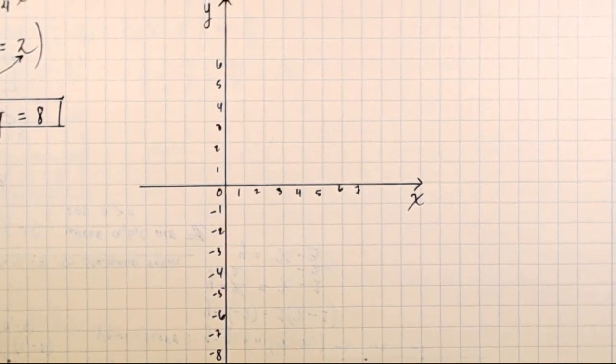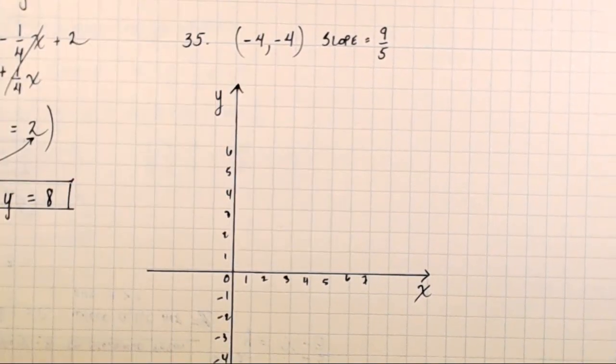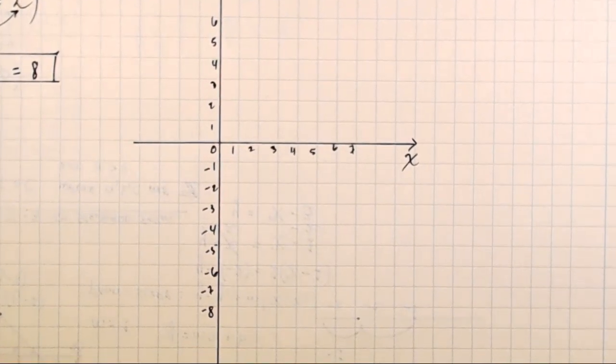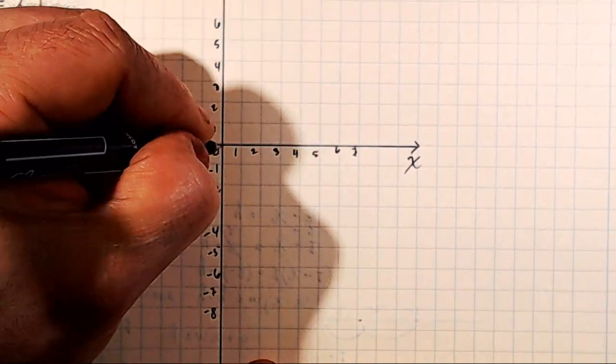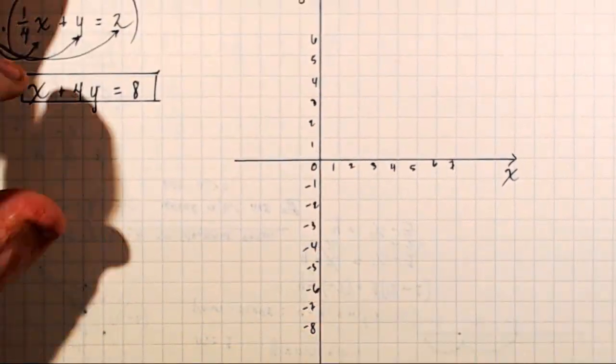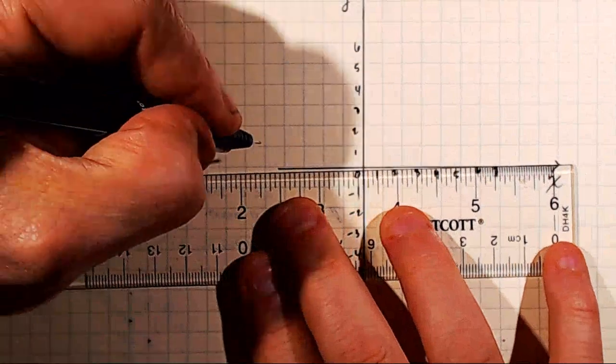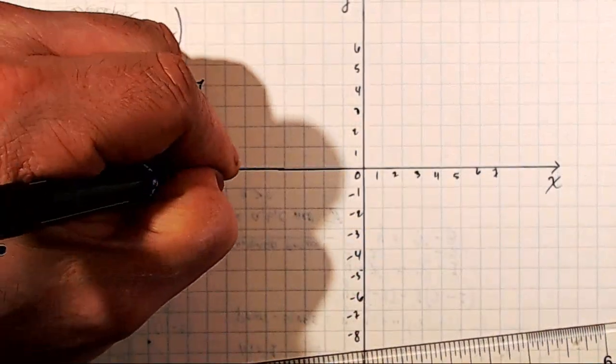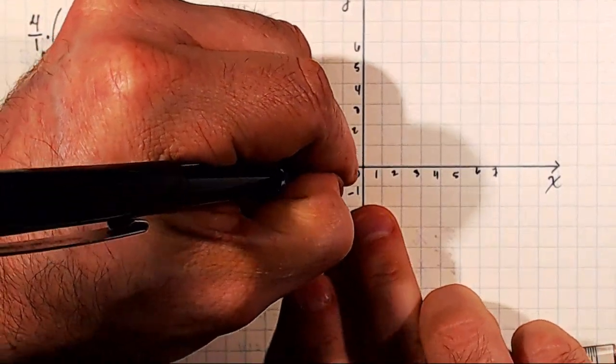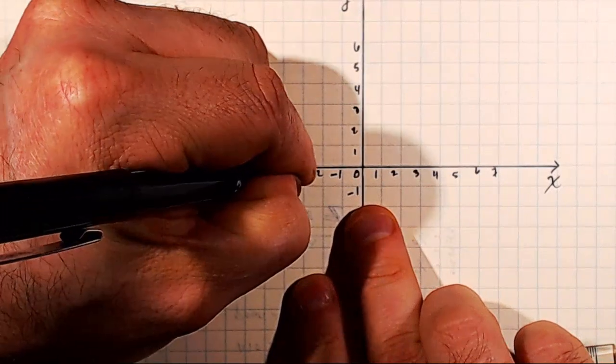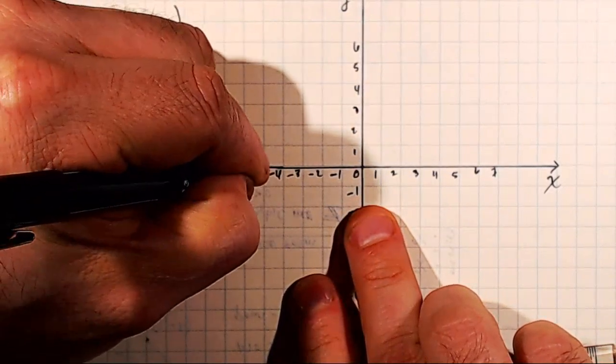Okay, so our first task is to plot the point that we're given. So that's (-4, -4). I guess I need to extend the x-axis into the negative side a little bit. So I'm going to write -1, -2, -3, -4, -5.